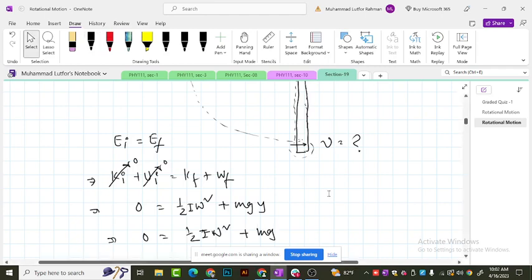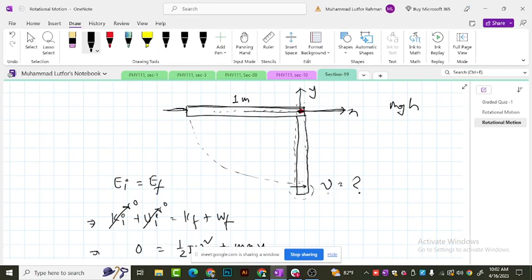Y is how much distance is traveled along the vertical direction. Since this system has its center of mass at the midpoint, right? And when it comes over here, this midpoint would be over here. Am I right? Then the change of the center of mass, this length, would basically be minus L by 2. Can I say that, sir?